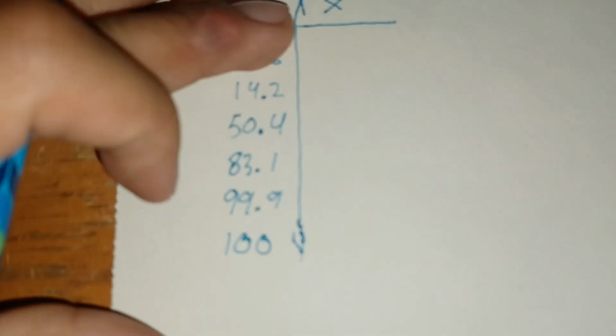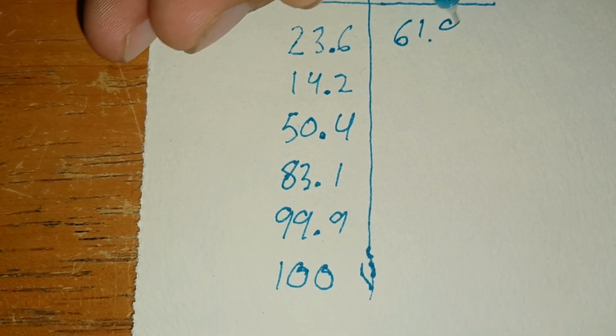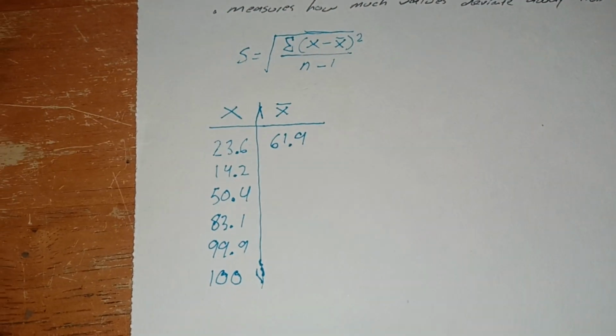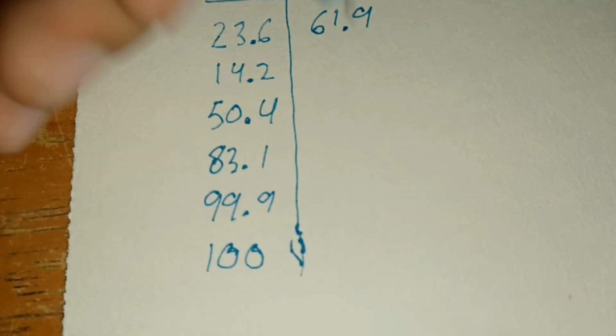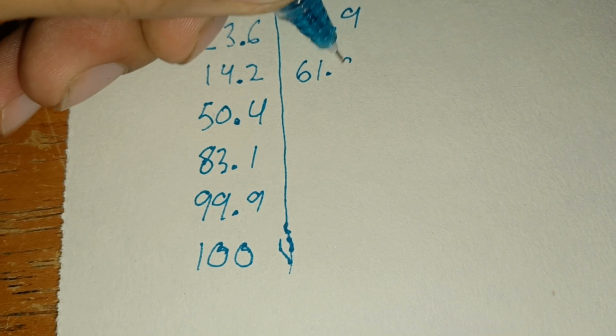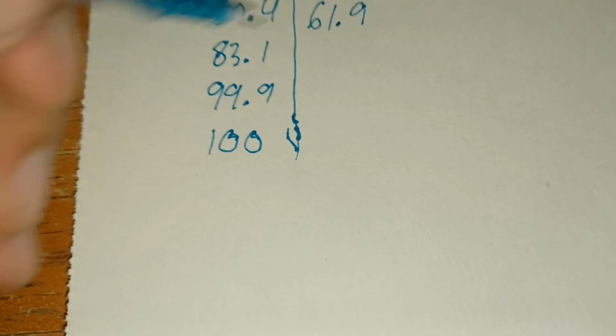So you're going to write it down right here. 61.9. So let's just go ahead and write it all the way down. 61.9 for all of the values, you don't have to write the arrow, but all the way down.